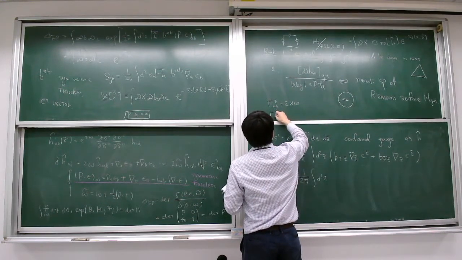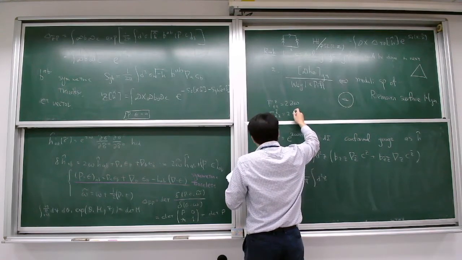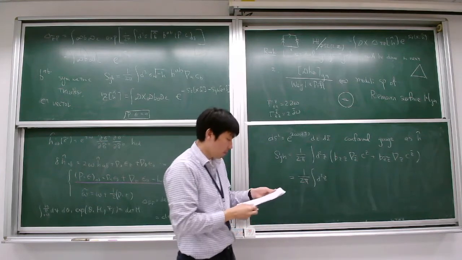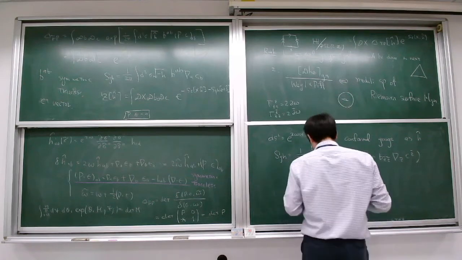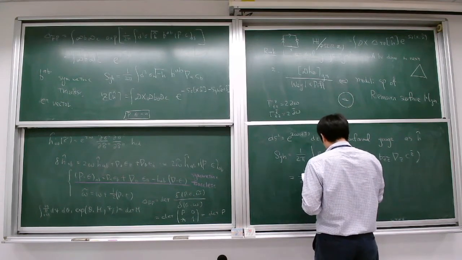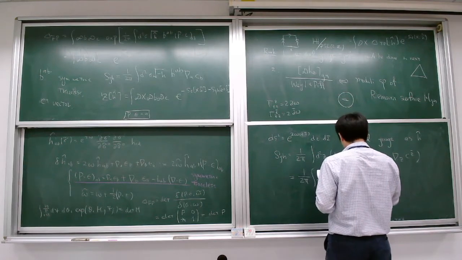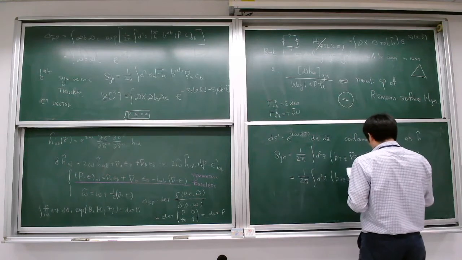So remember, this is the only non-zero, non-trivial element in the Christoffel symbol. So if you use this fact, one can just derive this action. This is a good exercise to derive this action by yourself.